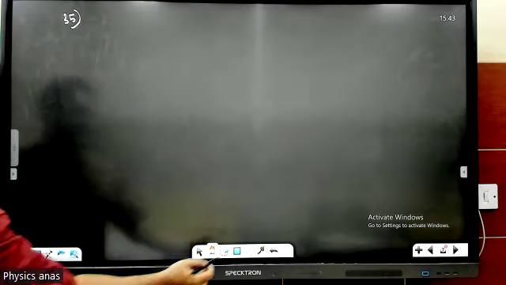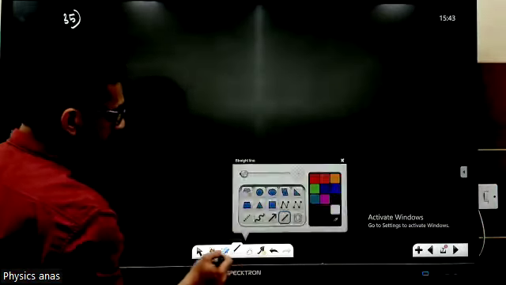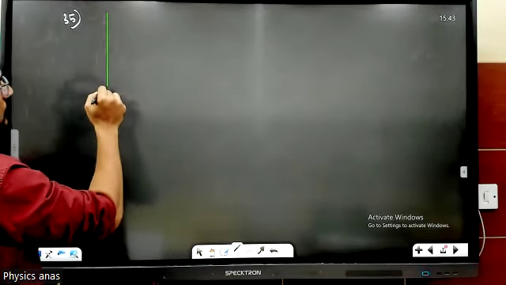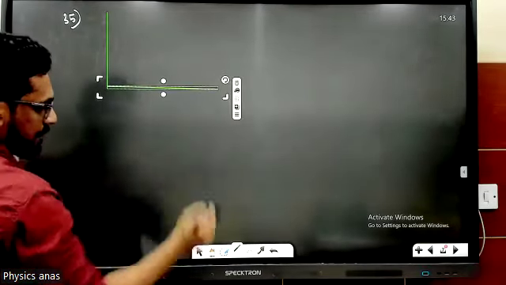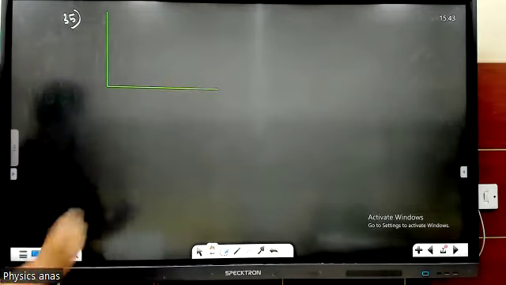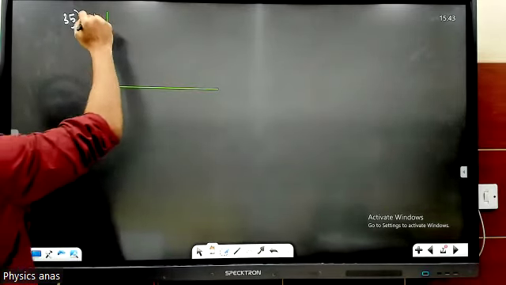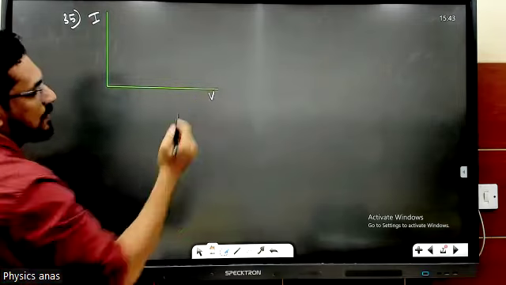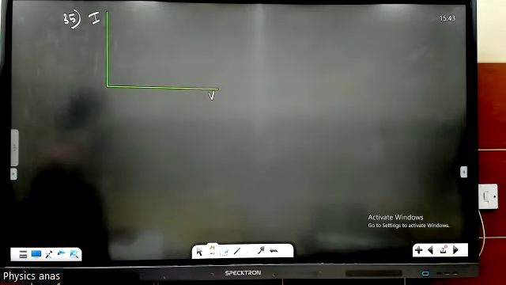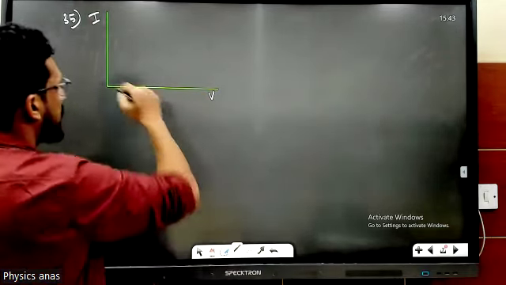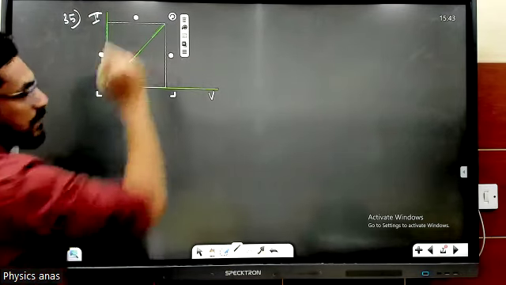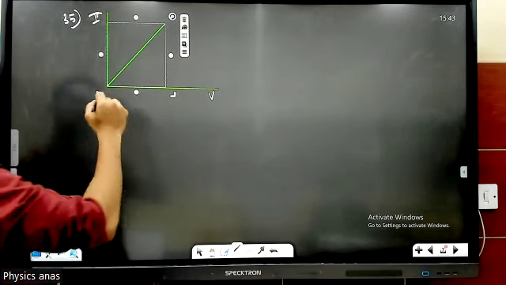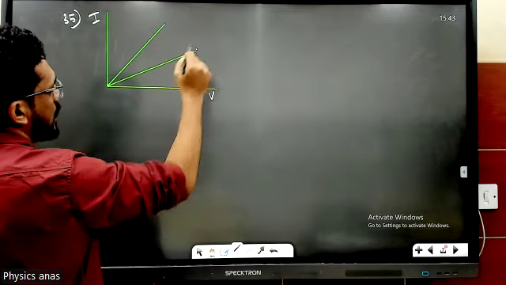That is the question. And you have a graph now. In that graph, on the y-axis you have current, and on the x-axis you have voltage. Two materials, Y and X, are plotted in the graph.